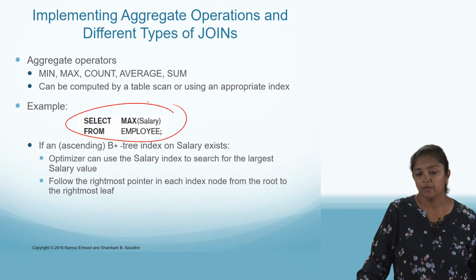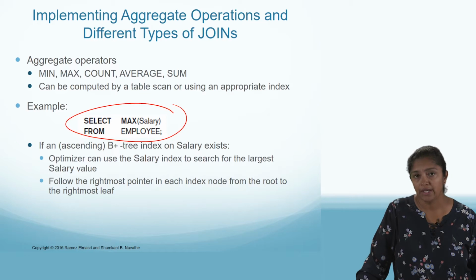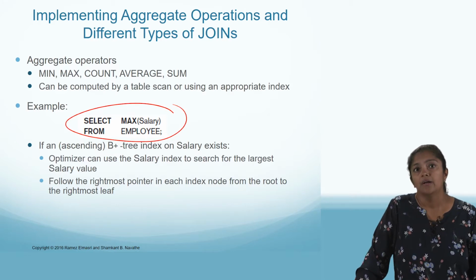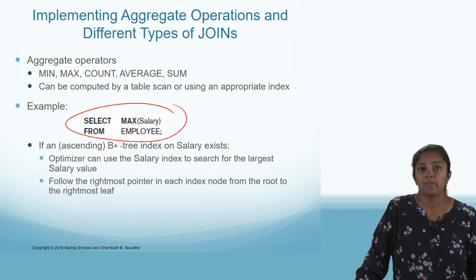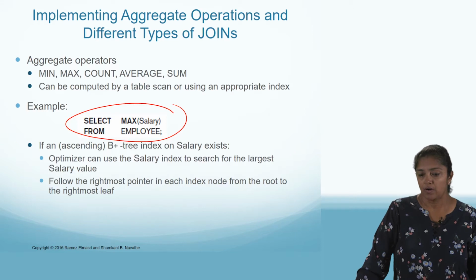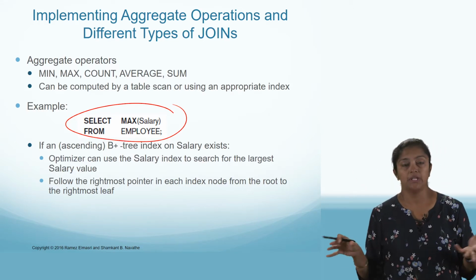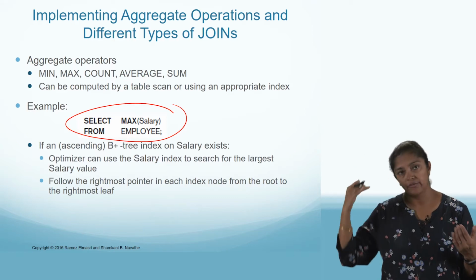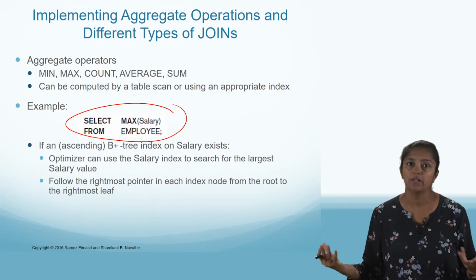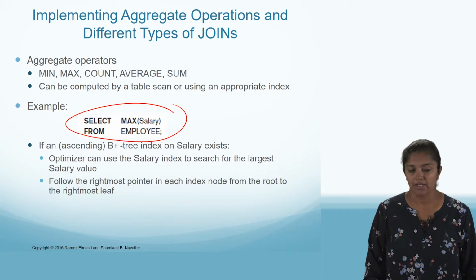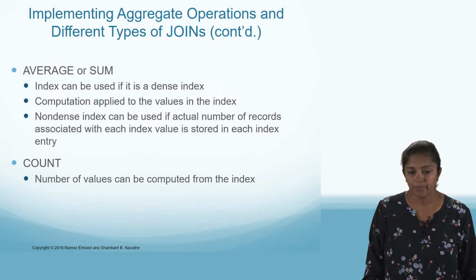A good way to do that is, if there's a B plus tree index on the salary attribute, then it's going to be simple to find that max salary. We basically go to the rightmost pointer in each index node, starting from the root to the rightmost leaf, and that's where we'll get our max salary amount.